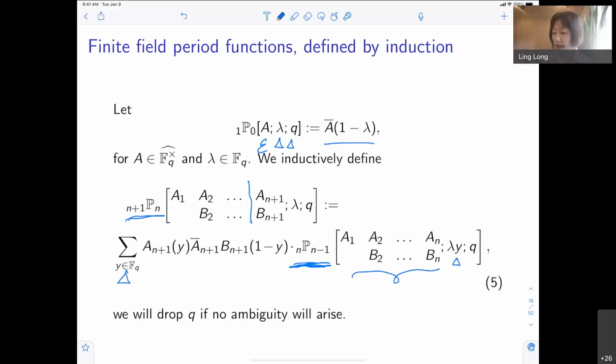So this is actually the analog of the integration dy. And then in front of it, we're going to put some twisting factors according to the last set of multiplicative characters which are given. So these are parallel to the classical case over here. And when there is no ambiguity, the q might be dropped.